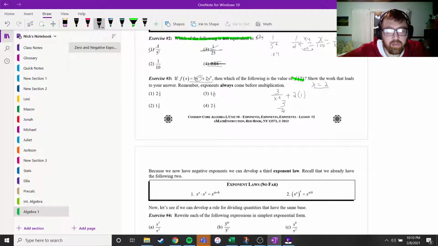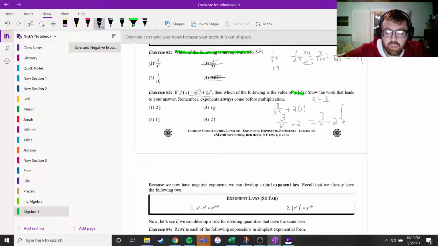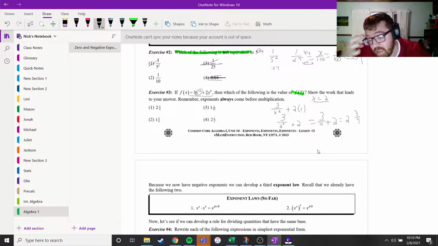We're going to get 3 over 2 squared plus 2, which is equal to 3 over 4 plus 2, which is equal to 2 3/4. Alright, so that's going to be our answer.